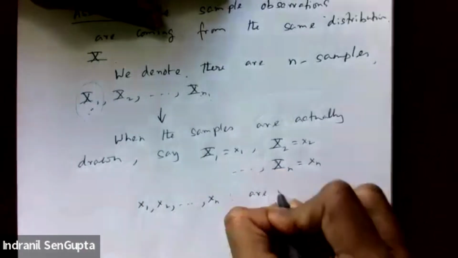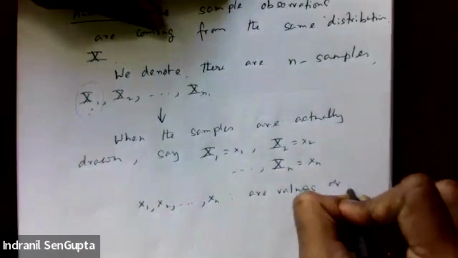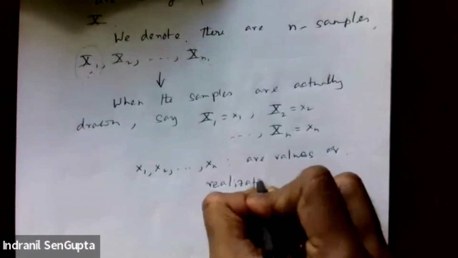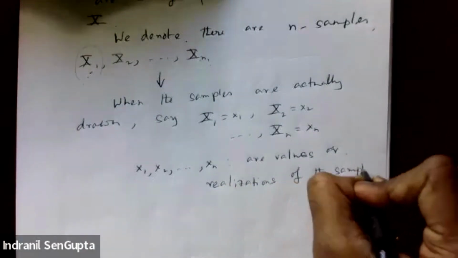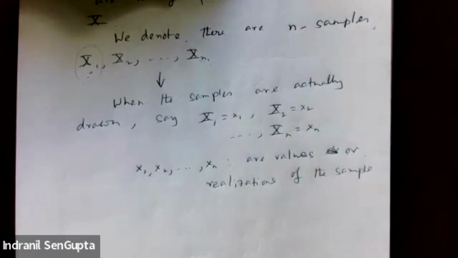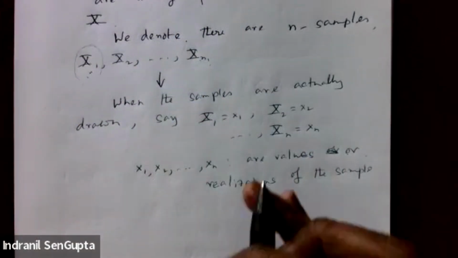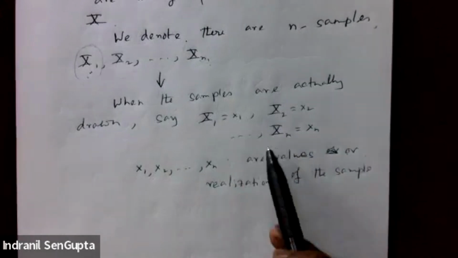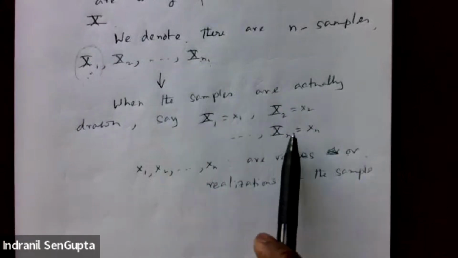So these are the values, or realizations, of the sample. Suppose we are restricting this to a 100-student class, and suppose n is 10.